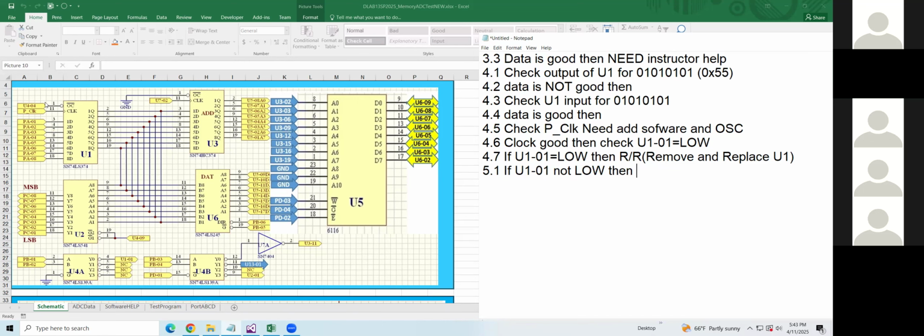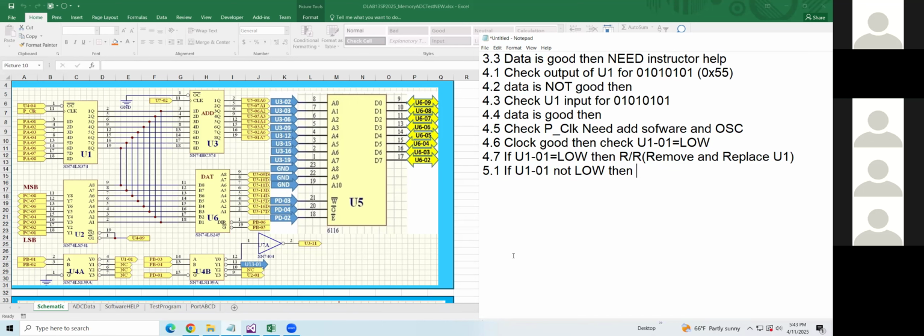What can we do? It's connected to U4. That means now you have to measure U4.